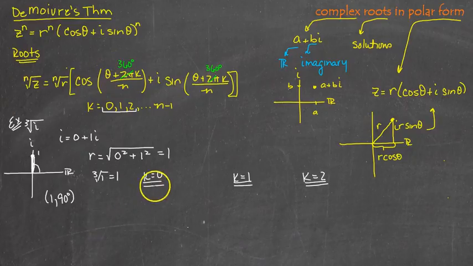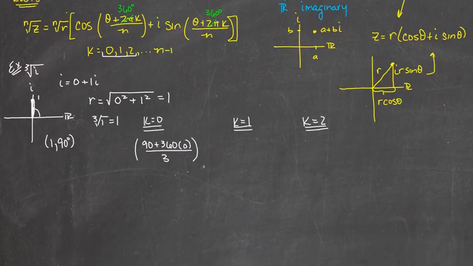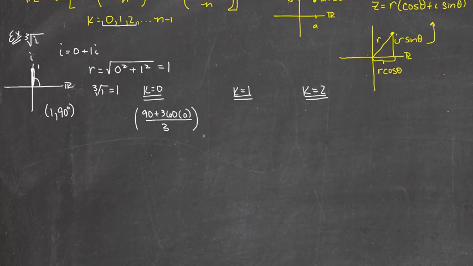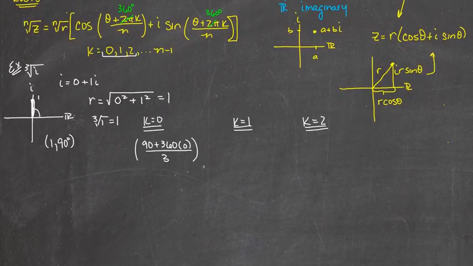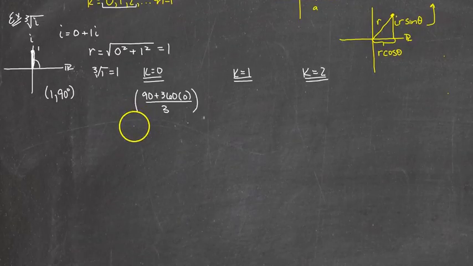So first, let's work inside here. When k equals 0, then the inside of the parentheses is 90 degrees plus 360 times 0, divided by n, and n is 3 because it's a cube root. I'm going to lose my formula, but I remember it, and hopefully you've written it down so you'll be able to use it. So this just equals 90 divided by 3, which is 30 degrees, and 360 times 0 divided by 3 is 0.